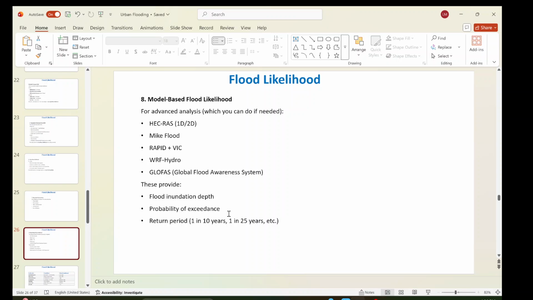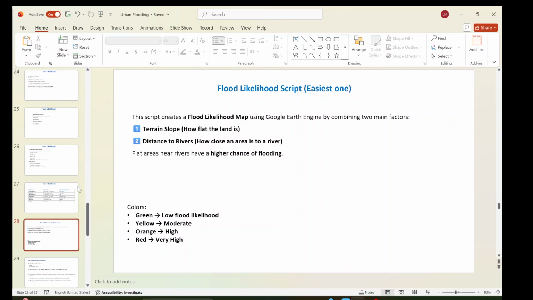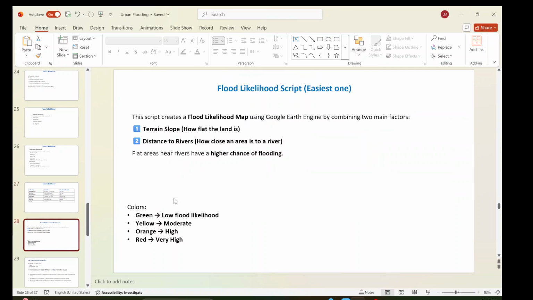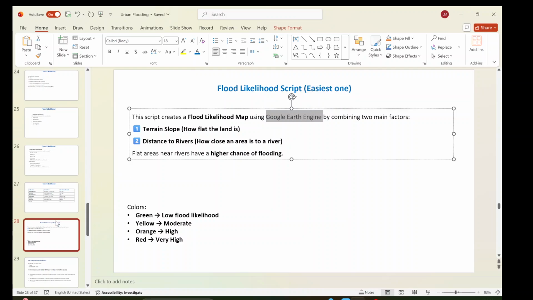This is not model based; these are the indicators and conditions for flood likelihood. Then I showed how to create it using Google Earth Engine, taking slope, derived from the DEM, and distance to river.